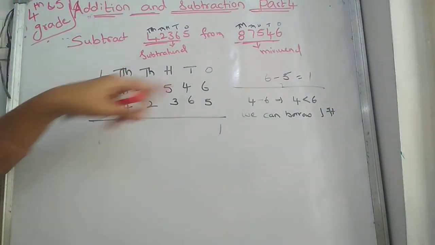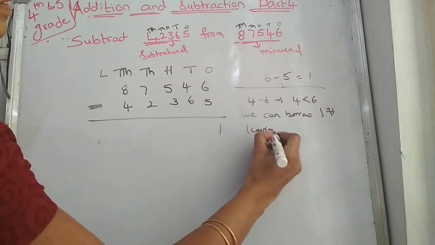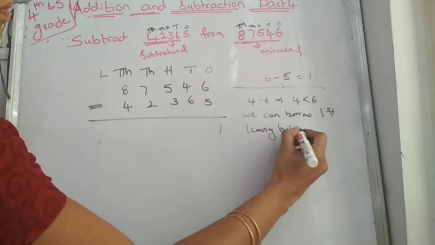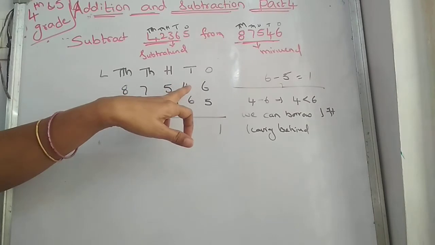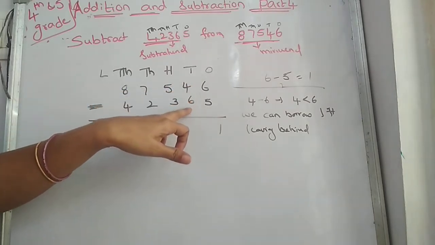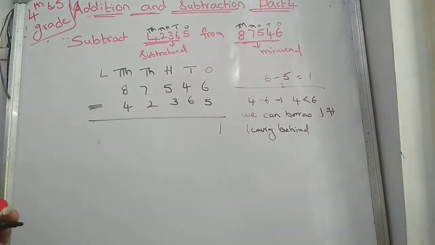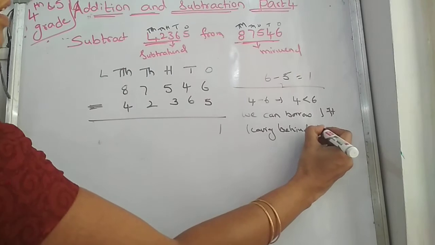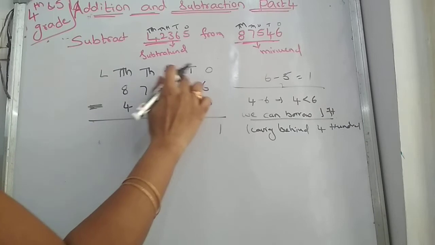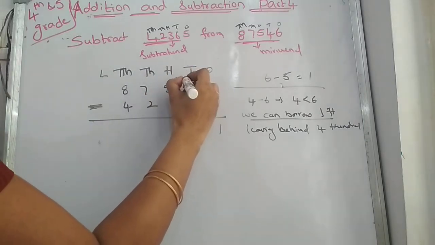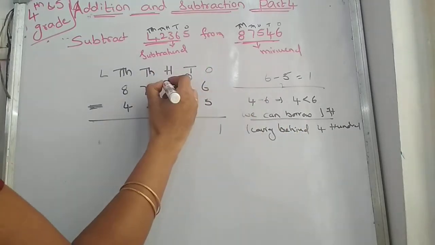We can borrow 100 here because 4 is less than 6. 4 is a small number, 6 is a big number, so that's why we borrow 100. Leaving behind 4 hundreds. If 100 is coming here, we get 14 here.